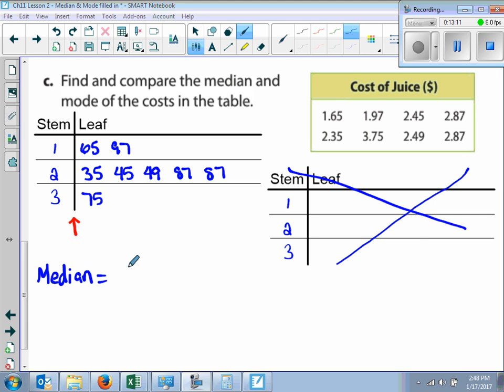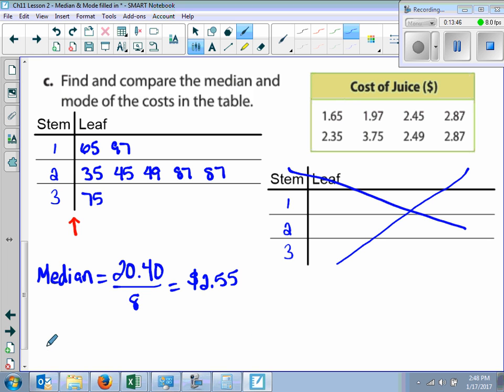When we add up all of these prices for juice, we end up with $20.40. Then we're going to divide by how many we have in the list, which is 8. If I divide by 8, that gives me $2.55.